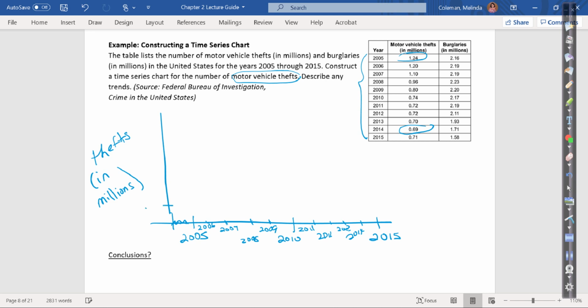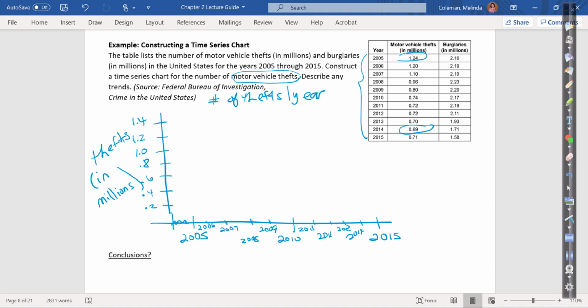So if I go 0.2, 0.4, 0.6, 0.8, 1.0, 1.2, and 1.4. So this would be, again, number of thefts per year.